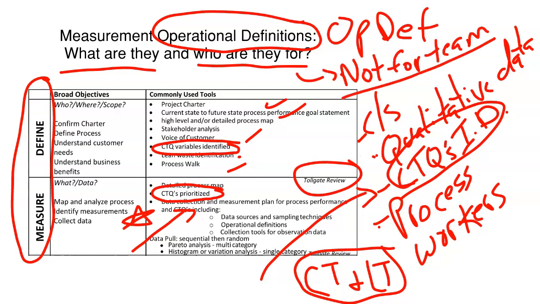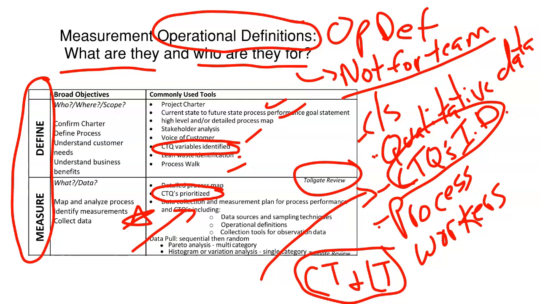Your team already understands these CTQs, already understands these process performance variables and definitions. Heck, they went about the hard work of process mapping it and crafting the statements. OpDefs aren't for your team. Your team understands this perfectly well. It's for everybody else outside of the team so that they're all collecting the information in a similar manner.